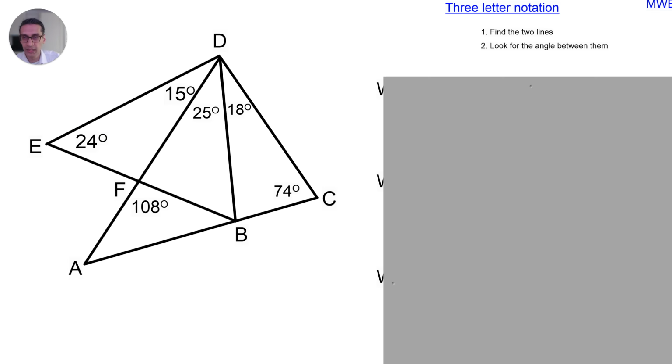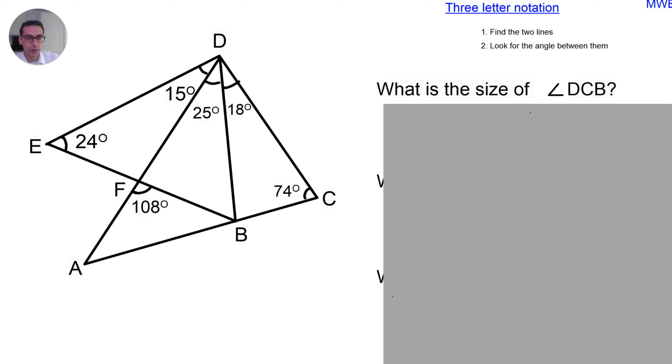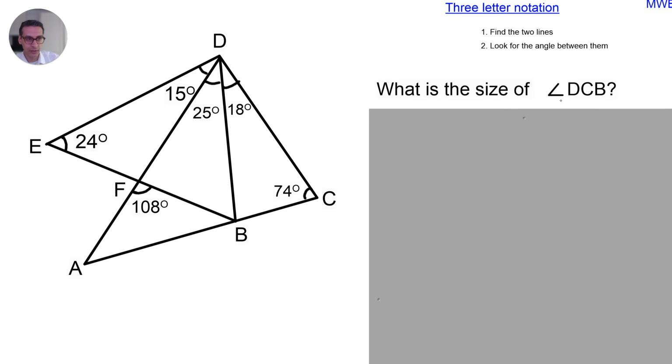This time we've got a more complicated shape. So what we want to do is work out a few of the angles here. I'm just going to make the angles a bit clearer. Now, first question, what is the size of angle DCB? So first thing you want to do is go to D and then trace it with your finger at least.